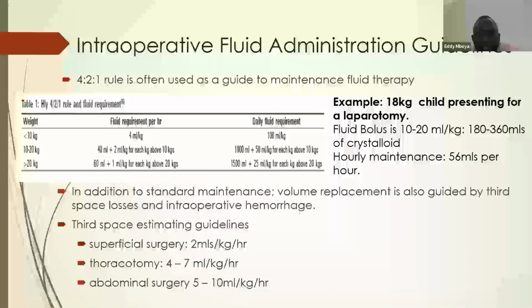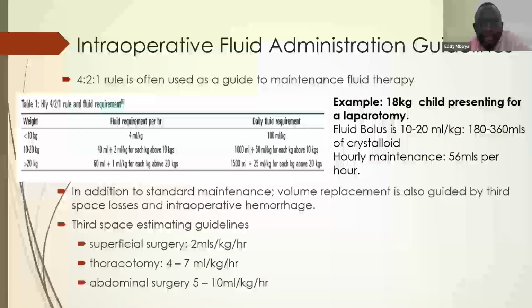Another thing that somebody has to be looking at keenly every minute of every hour of your surgery is the blood loss. There are multiple guidelines currently on how to replace blood volume, but I think part of Dr. Priya's talk will be on that.